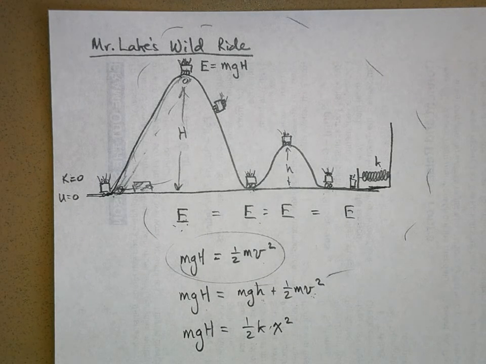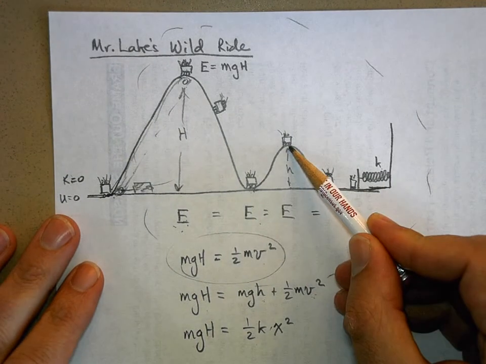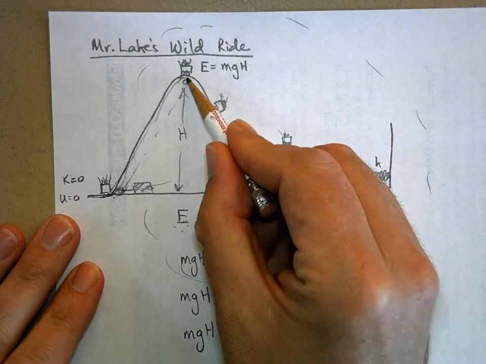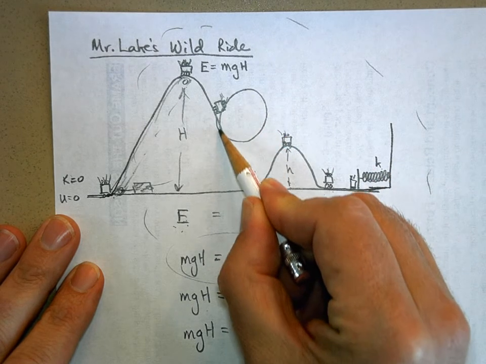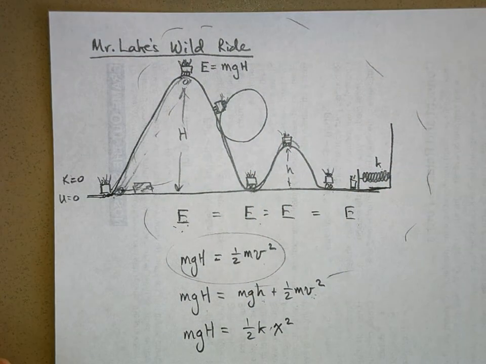Okay, look, I'm going to make this ride really wild here, okay? And let's say my goal is to figure out how fast I'm going right here. Well, watch what I'm going to do. I'm going to change my wild ride. We're going to go down here, and then we're going to put in a loop-the-loop right here. Oh, there we go. All right. Now, not sure this is going to survive. All right, but hey, here's the idea.